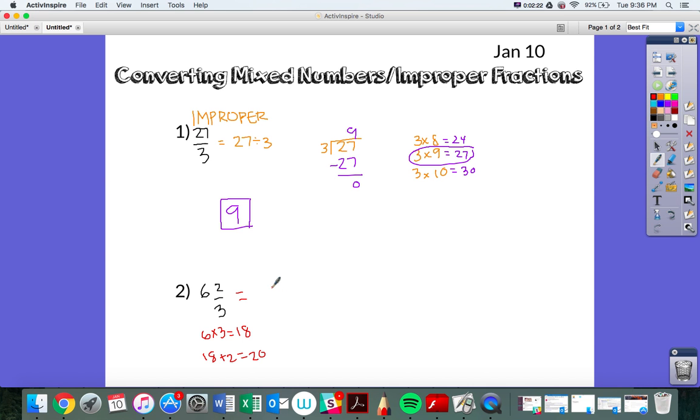So I know my new numerator is going to be 20 and my denominator stays the same. So this is my improper fraction. We can also use a model to show this. So we can draw out 6 wholes.